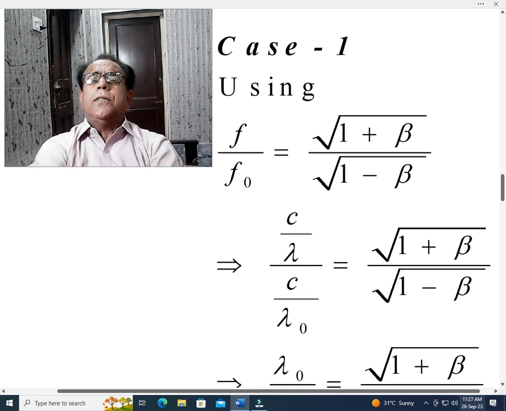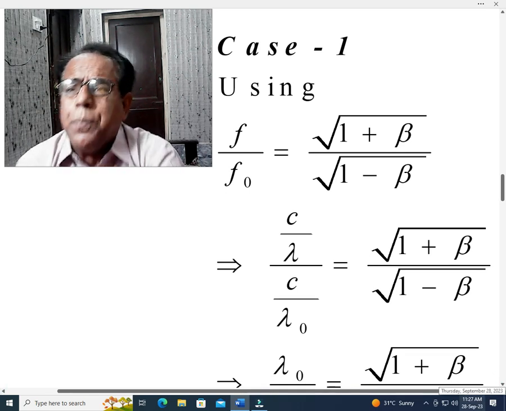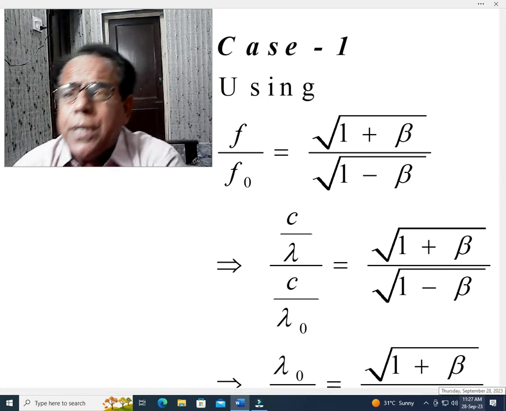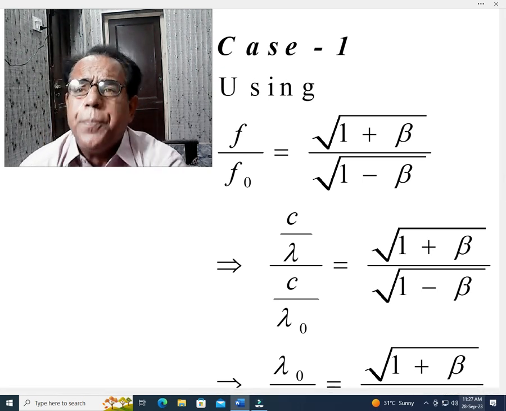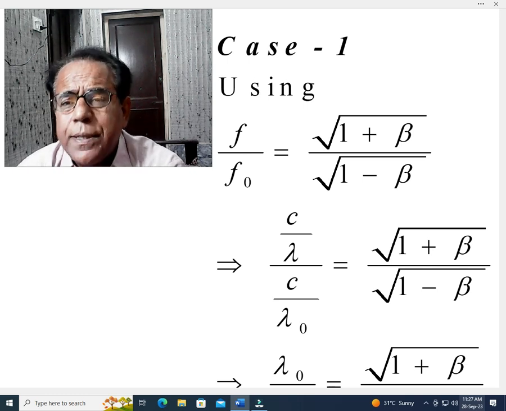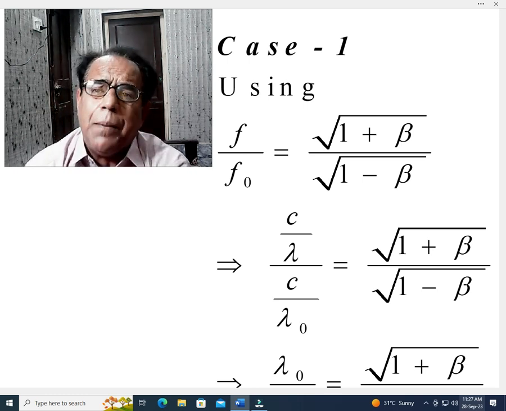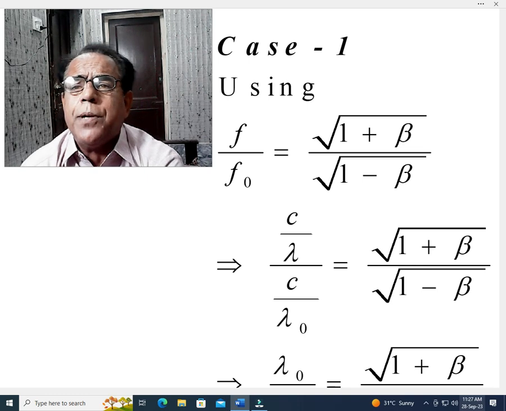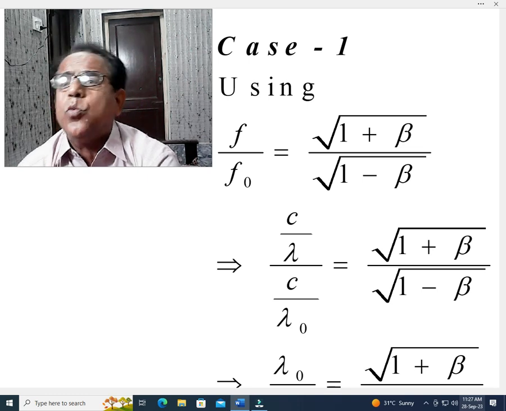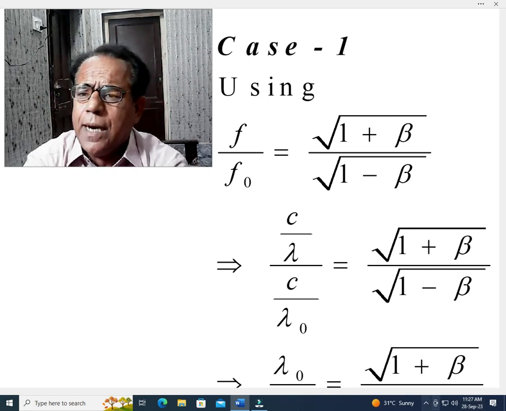Case 1, using f over f naught equal to square root of 1 plus beta over square root of 1 minus beta. This implies that frequency is equal to C over wavelength lambda, so this will become C over lambda naught equal to the right hand side, which is not disturbed.